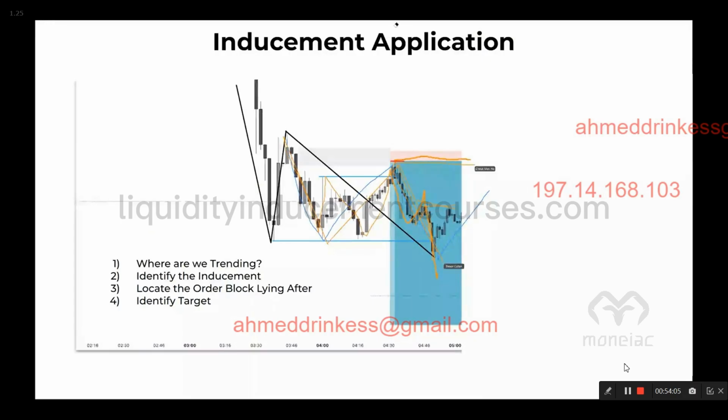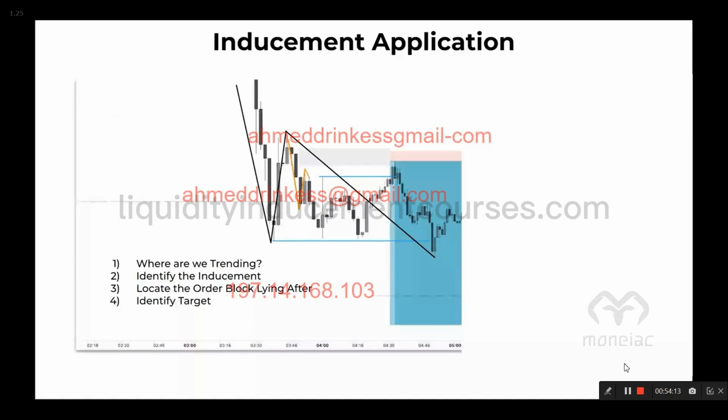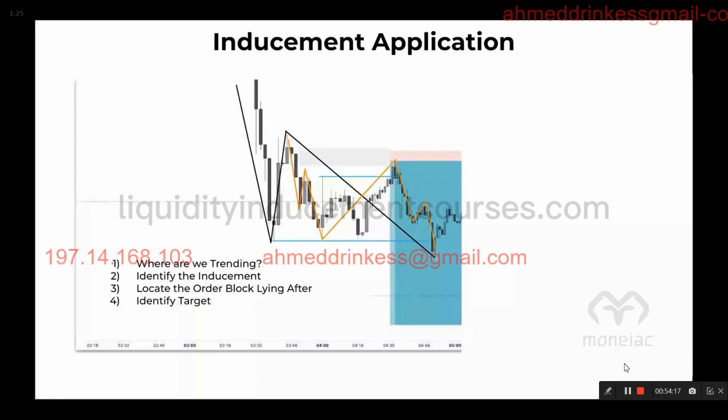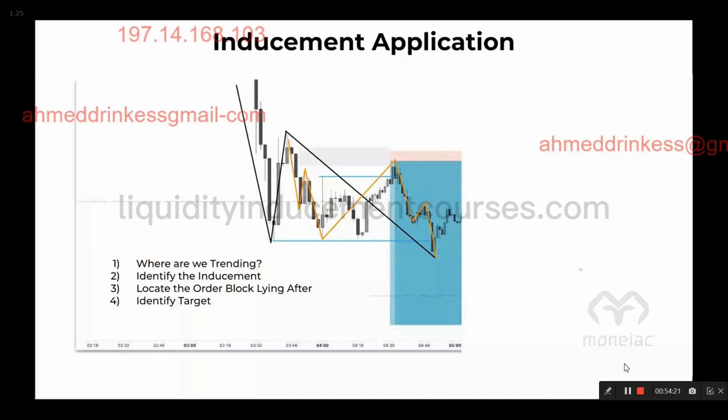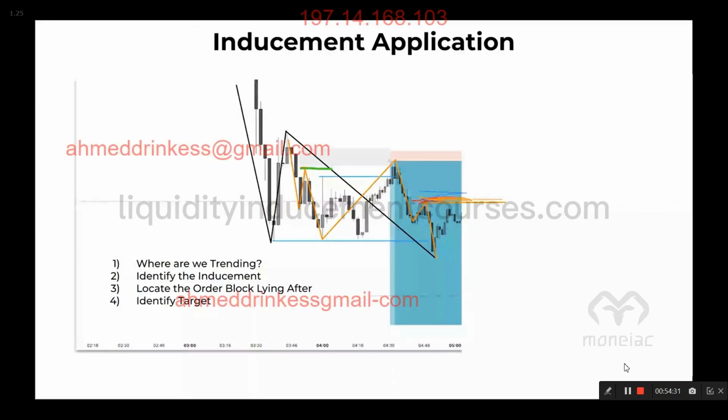All right, so if the internal points look like this, because you have something that looks like this, where's the inducement within our new range? It's right here, because this was already mitigated.